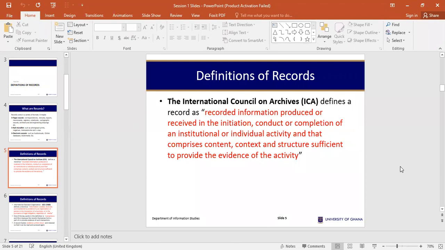For every record to claim to be a record, there are certain elements that you must find in it. The first is content, the second is context, and the third is structure. Content has to do with the message. Is it relevant to the issue at stake?